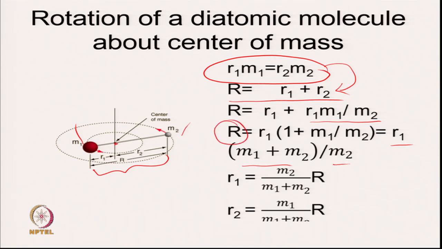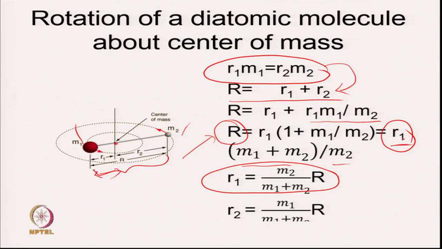So, this capital R can be written in terms of this distance R1, which is basically the distance between the center of mass and atom 1. So, this R1 can also be expressed in terms of capital R, and it will be given by R1 is equal to M2 divided by M1 plus M2 into capital R. You can see here that R is equal to R1 multiplied by M1 plus M2 divided by M2.